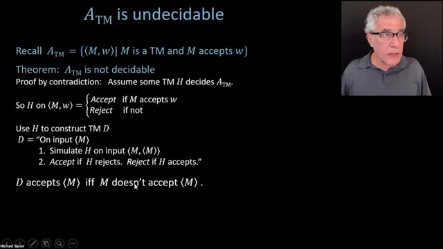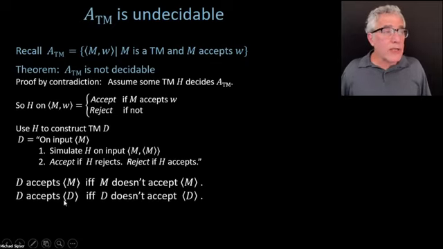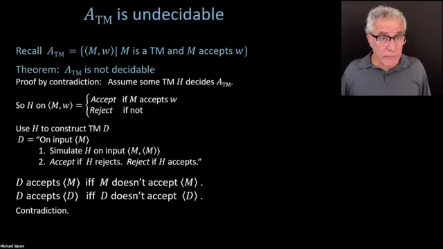D accepts M if and only if M doesn't accept M. That's just by the way we've defined D. Now, what we're going to do is feed in, instead of some arbitrary M, D into D. And that is going to be our contradiction, because D is now going to accept D if and only if D doesn't accept D, and that's certainly impossible. Okay, that's our contradiction, which proves that H cannot exist, and therefore ATM is undecidable.